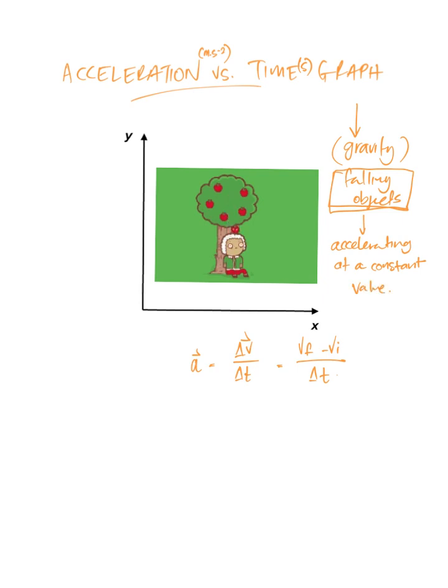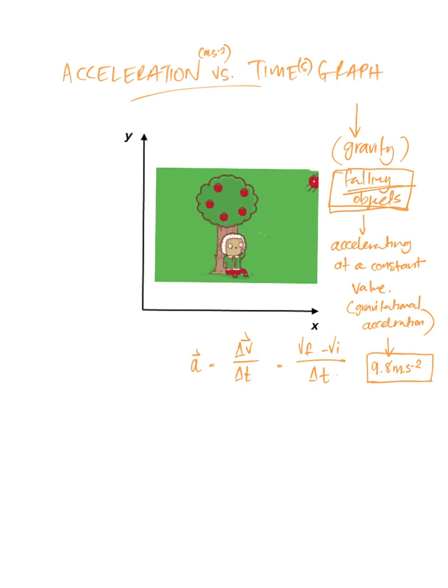And that constant value, we call gravitational acceleration. And that happens at a value of 9.8 meters per second squared. And it will always be 9.8 meters per second squared if I have something that is falling. So I'm just giving you some additional information.